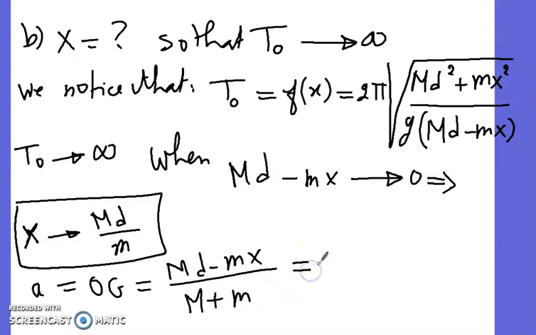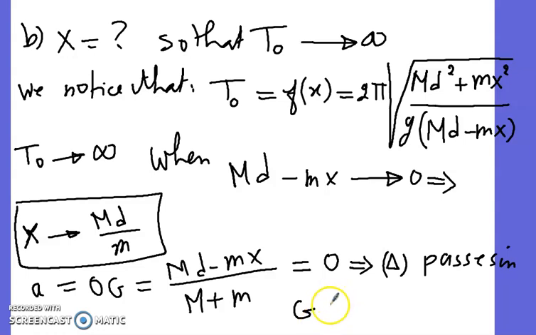In this case, equal to 0, or tends to 0. What does this mean? It means that the axis delta, which was at point O, now passes where? Passes through the center of mass of the pendulum.